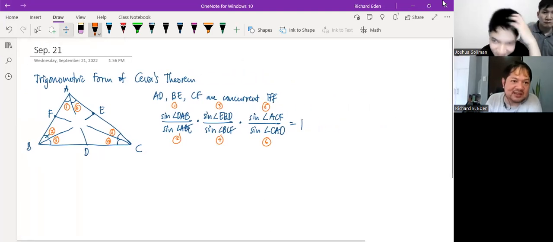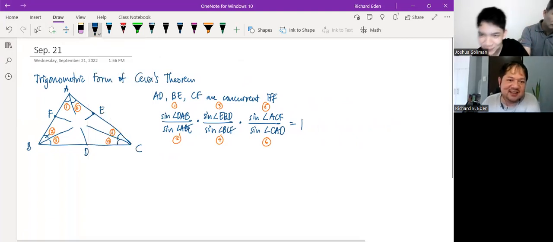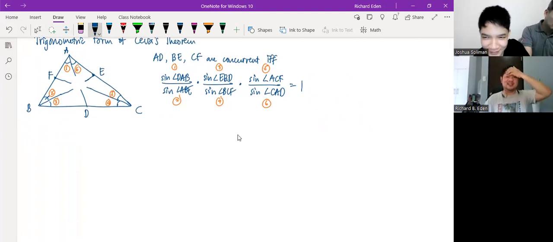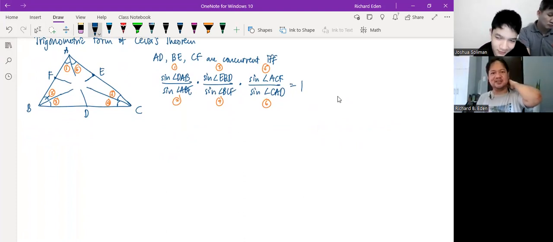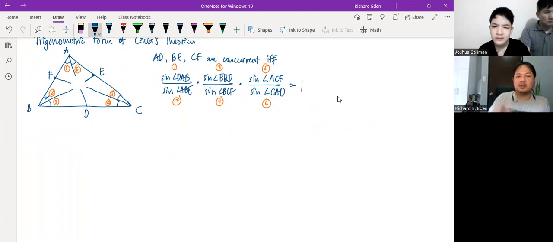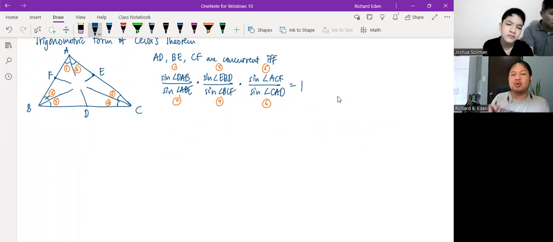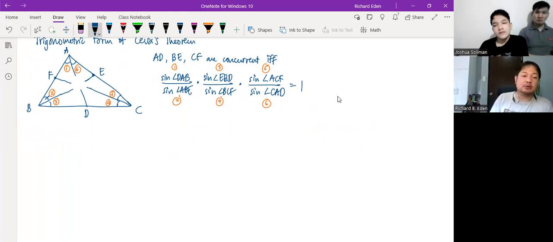Syempre, we're not just going to use this. We're going to prove this. Prove before use. Yes, definitely. Okay. So even though it's an if and only if situation, let me just show one of them. Suppose you have concurrency, then let us show why the product of these three ratios must be equal to 1.